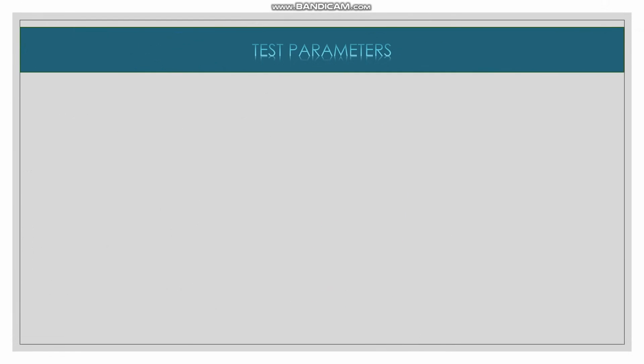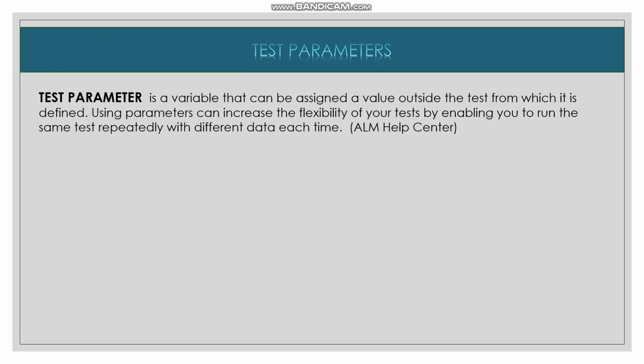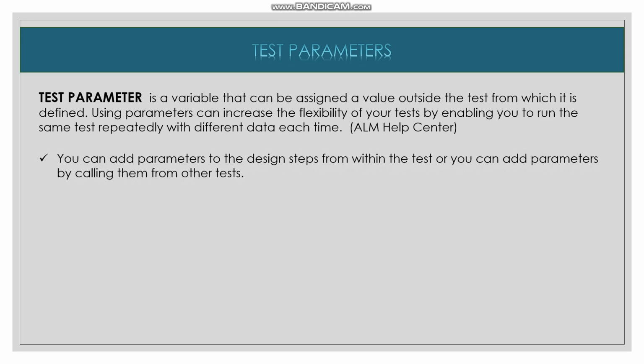Next is the test parameters. A test parameter is a variable that can be assigned a value outside the test in which it is defined. Using parameters can increase the flexibility of your test by enabling you to run the same test repeatedly with different data each time. It is from the ALM Help Center.